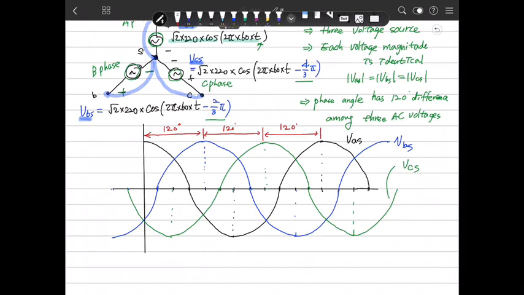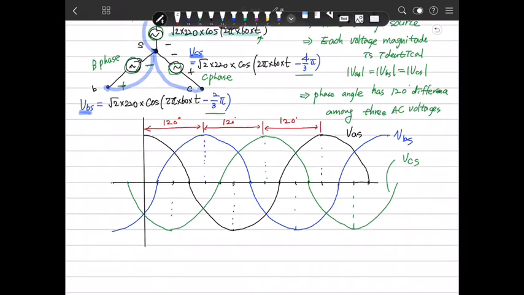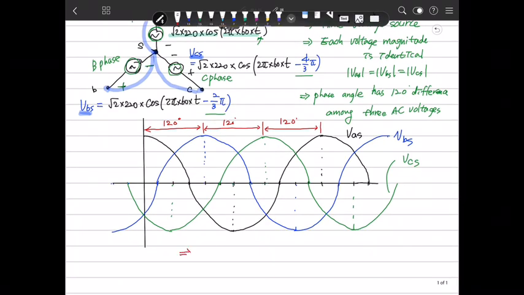And they have the same magnitude. We call this waveform a balanced three-phase voltage source.